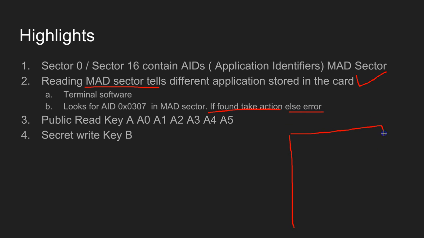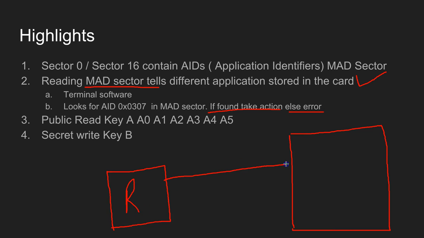To put it in simple words, any terminal reader, any terminal software, the first thing it should do is read out the value of the MAD sector, that's sector 0, and we know that sector 0 contains the list of all the applications that are present in the card.